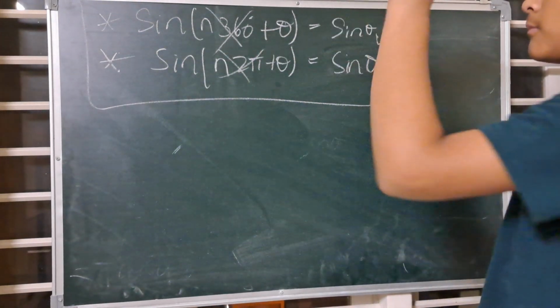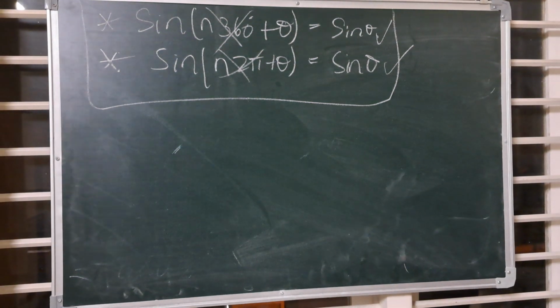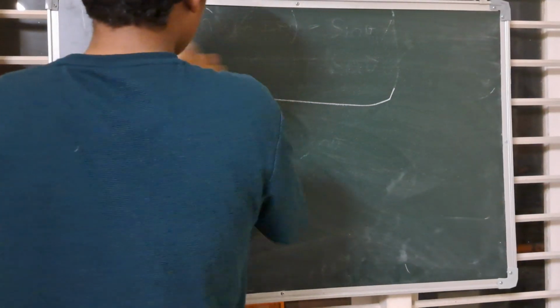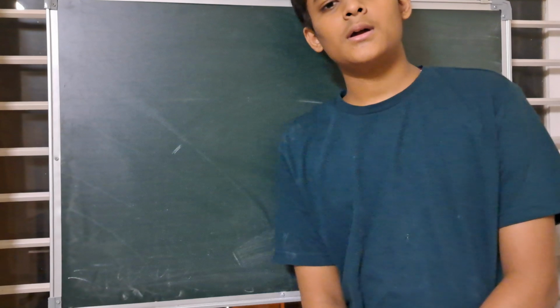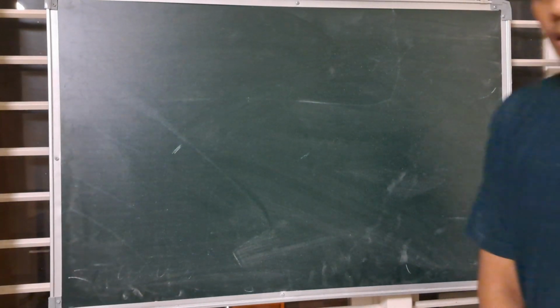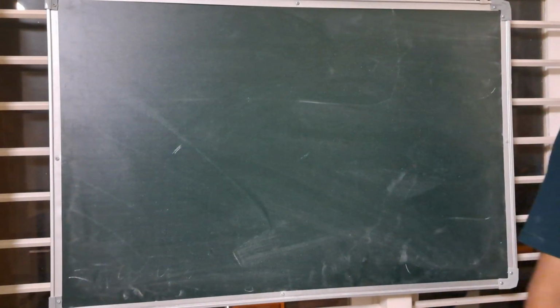Even this formula will be useful for us to solve problems. We will take an example for solving this type of question using this formula. This formula is used to identify trigonometric ratios for angles above 360 degrees.